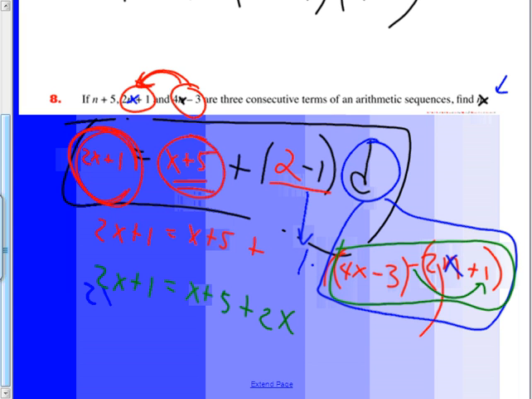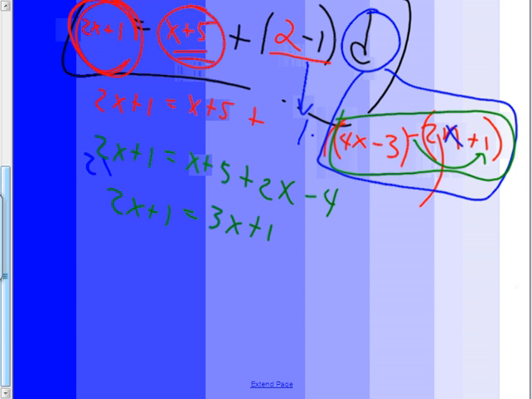Negative 3 minus 1 is negative 4. And then it's 2x plus 1 equals 3x plus 1. Wait a minute. That's going to be weird. So then I'm going to subtract 1 from both sides. And it'll be 2x equals 3x.